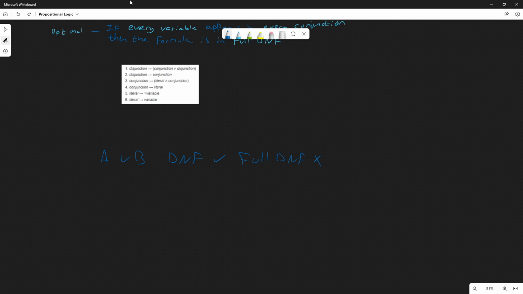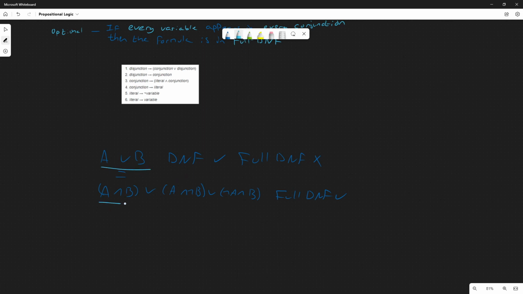If you had another thing here of A and B, or A and not B, or not A and B, this is in full disjunctive normal form, and it's also equivalent to the first equation.